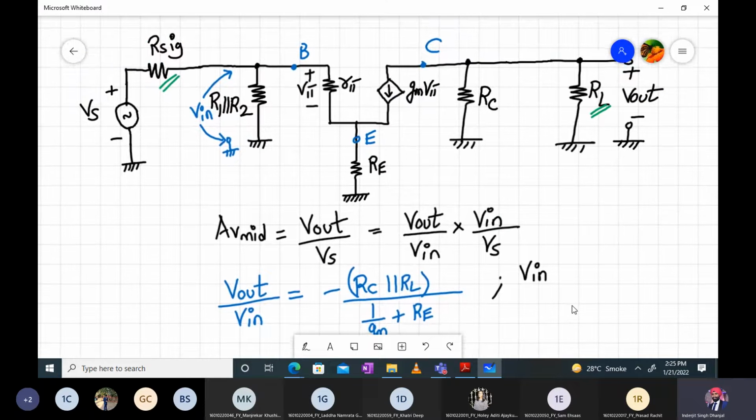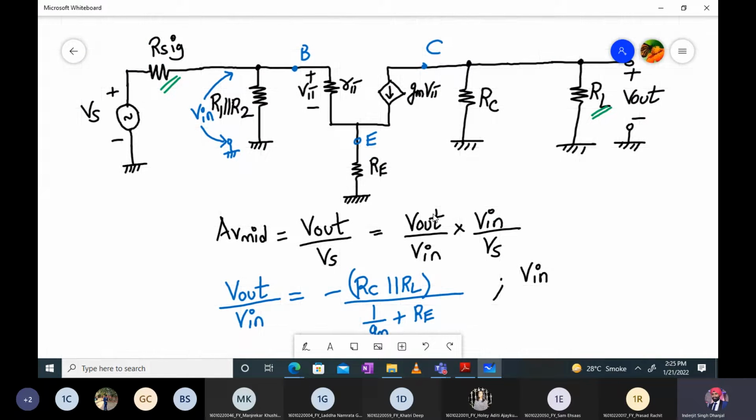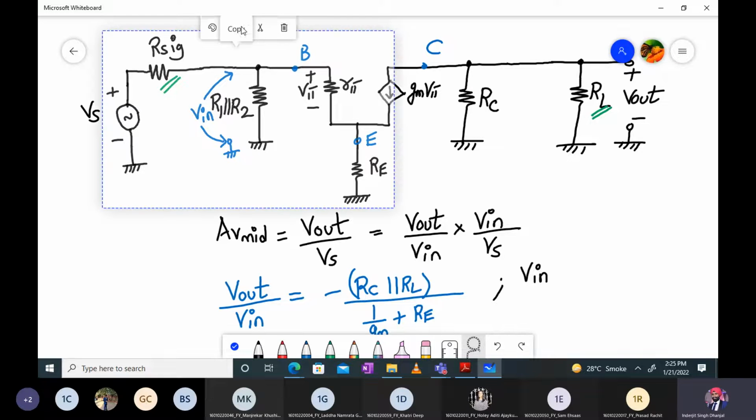So let me draw it over here. Let me redraw this part again. I'll cut this part and I'll redraw it once more so that the analysis becomes simpler.